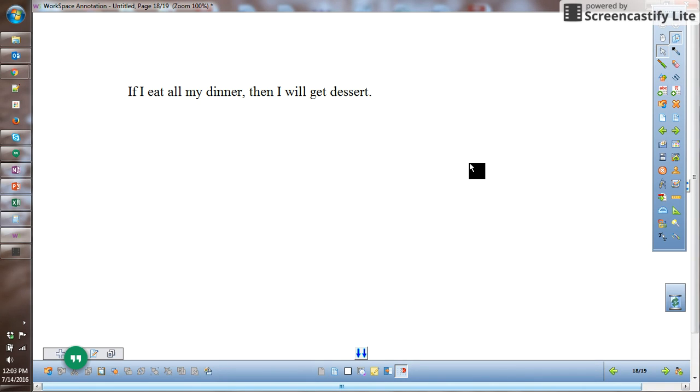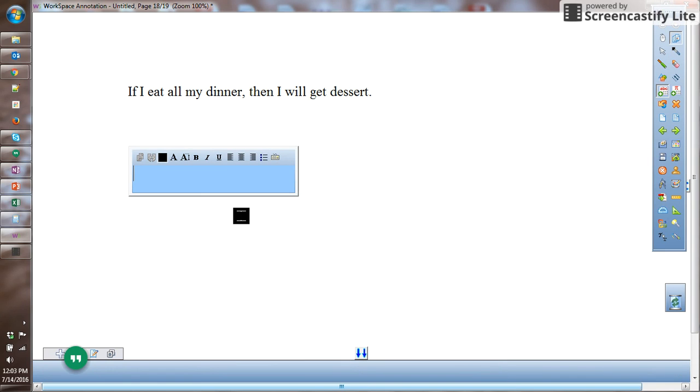So let's say I want to see if this is true. One of the easiest ways to prove that this statement is false is to think of a counterexample. Now, just because you can't think of a counterexample does not mean that a statement is true. It's a lot harder to prove something true than it is to prove something false.